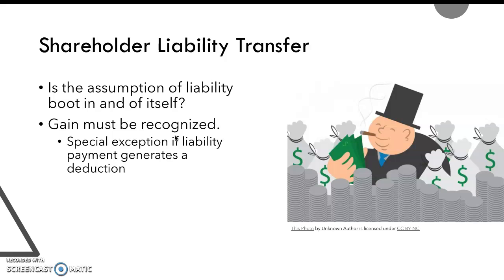Even assuming the liability is not considered boot, the taxpayer must recognize gain where liabilities given to the corporation are more than the tax basis of the properties transferred. The exception here is if the payment of the liabilities absorbed leads to deductions. If that's the case, then the liability isn't counted towards the check on the basis.